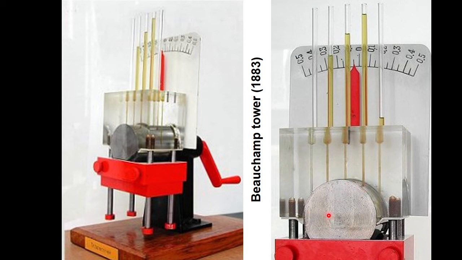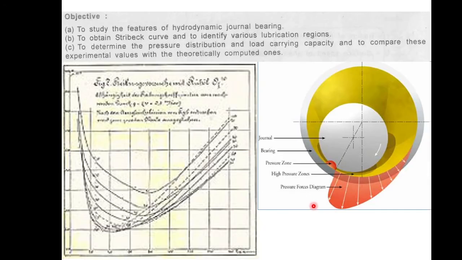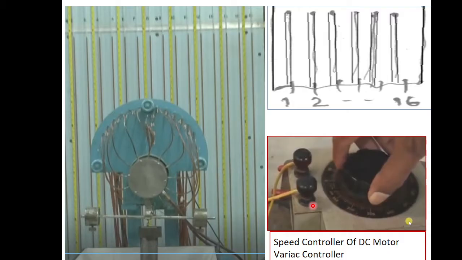In actual application, load comes on the shaft, but this is the reverse arrangement. We have a shaft inside that is rotating, but the load is connected with the housing, that means on the bearing itself. Clear?